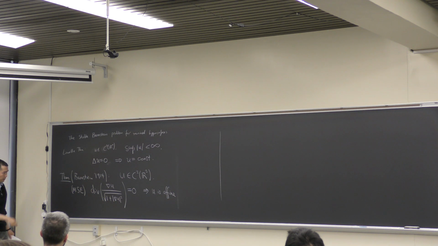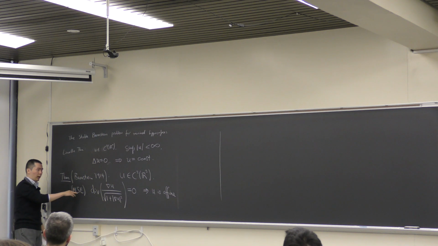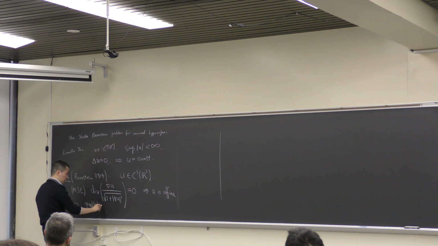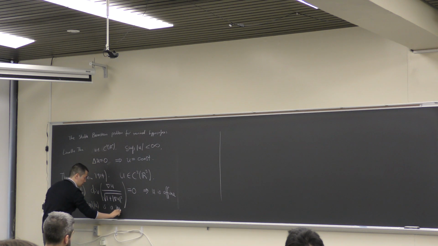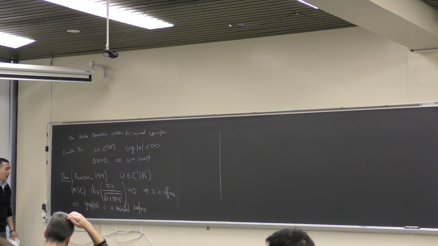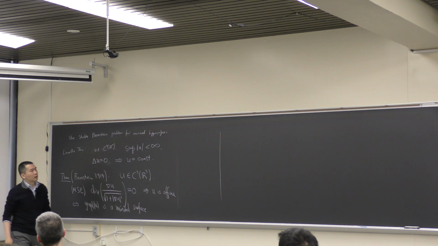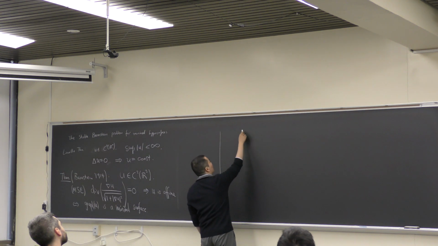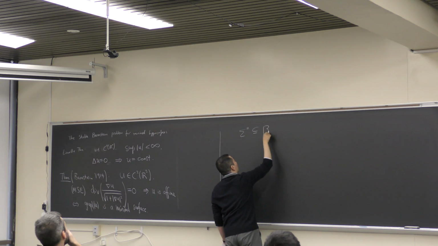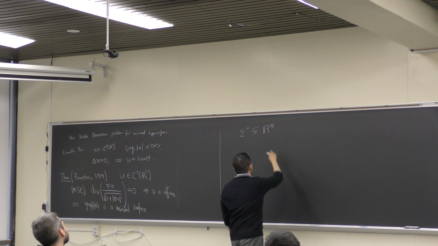Now, this minimal surface equation has a geometric meaning. This equation is equivalent to asking that the graph of u inside R3 is a minimal surface. Geometrically, let me make a definition. Generally speaking, let's consider a Sigma^n contained in Euclidean space, maybe of a much higher dimension.